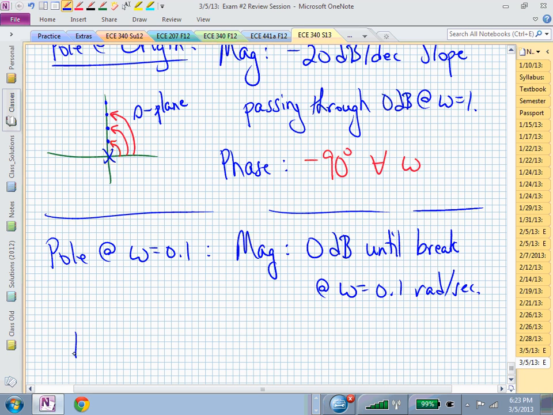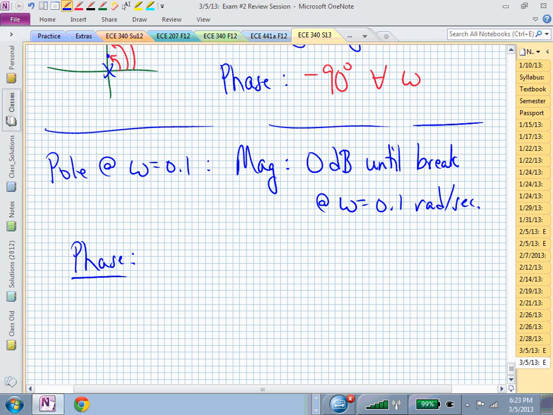And then the phase of this guy. I just like to identify 3 frequencies. I have the low frequency, which is a decade before the break. What's the angle theta at low frequencies?